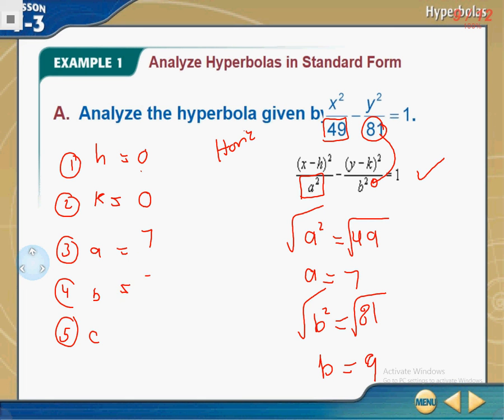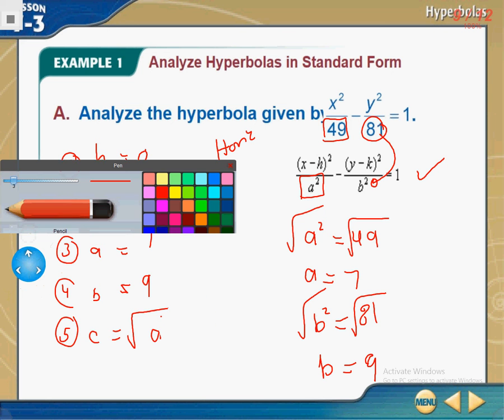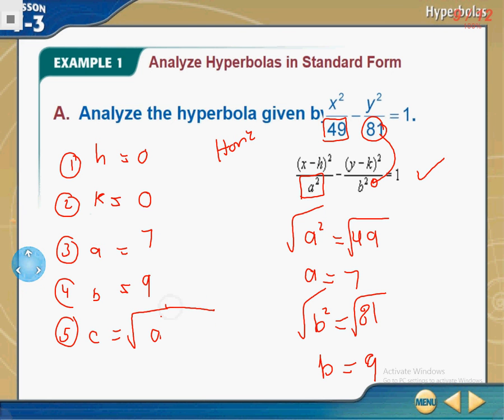So B equals 9. Now to find C, if you remember, I just told you that C is the square root of A squared plus B squared.